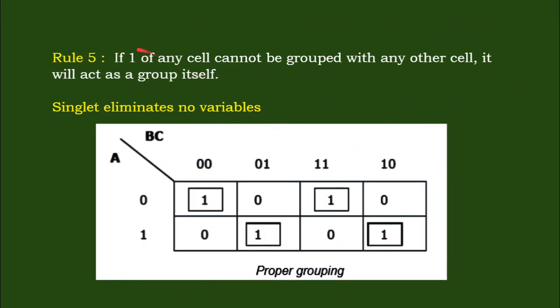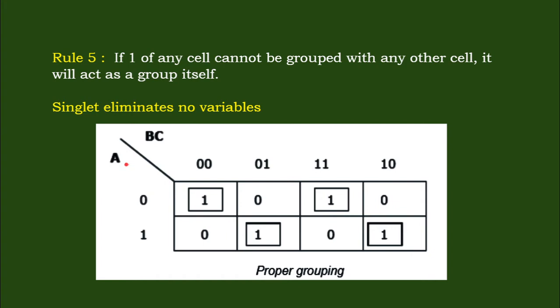Rule 5 says if a one on any cell cannot be grouped with any other cell, it will act as a group itself. That means if there is no possibility of adjacent ones in the map, each single one can be made a group. That is called a singlet. A singlet eliminates no variables.